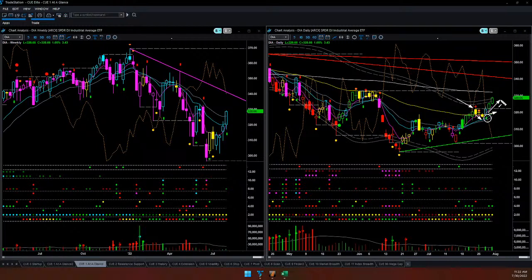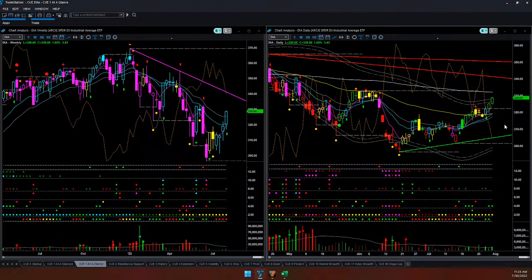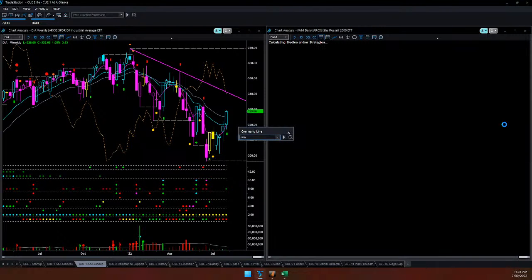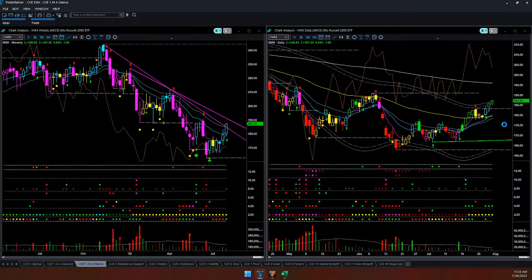We could buy stocks and we could book profit by Friday's close. And IWM, small cap ETF, same picture. Regained the yellow direction line with bullish flow on Wednesday, Thursday, Friday, it went up.